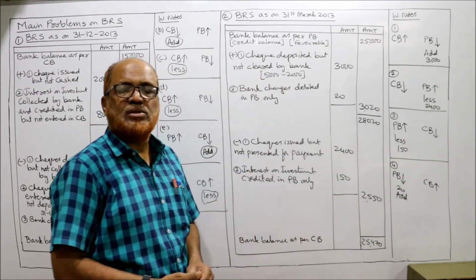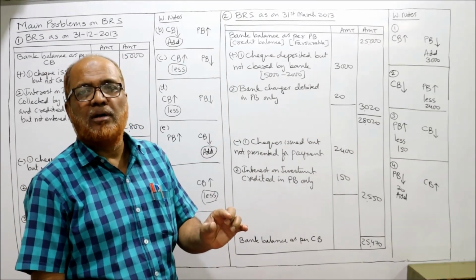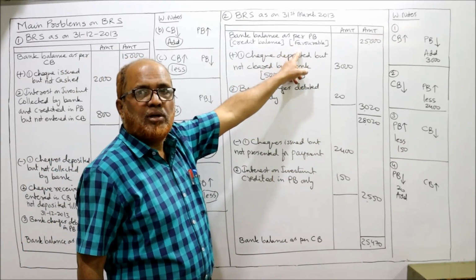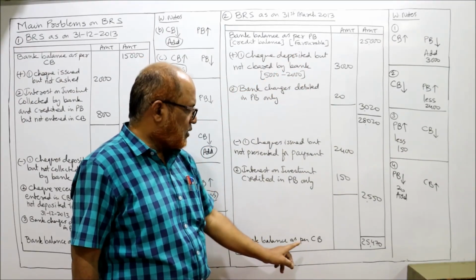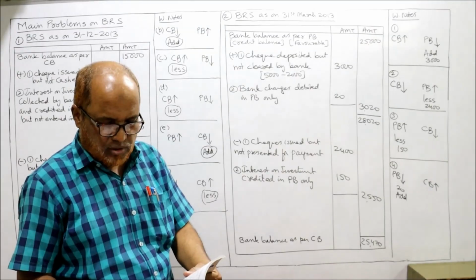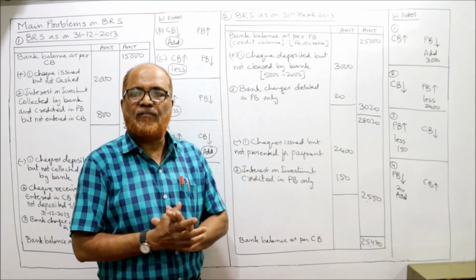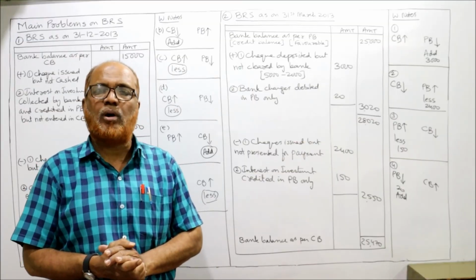This 25,470 is the bank balance as per cash book. We started with the passbook, so we end with the cash book. Bank balance as per cash book is 25,470. That's it. So this is the end of the second main problem on BRS.